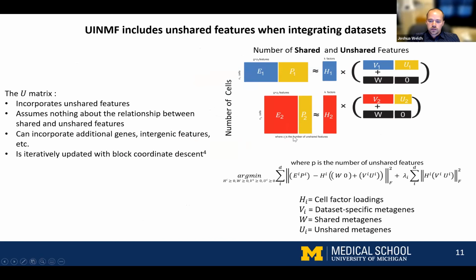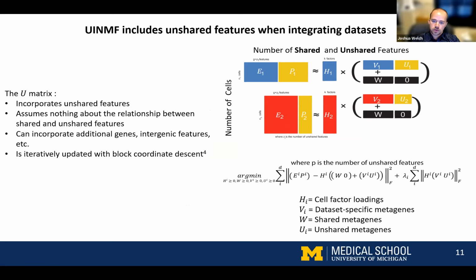And so the heart of the UINMF method is really this U matrix, which allows us to incorporate unshared features. And it's really flexible because we don't have to actually know anything about how these unshared features relate to the shared features. And this is nice because often, for example with intergenic peaks, we don't necessarily know which gene each peak should link to.